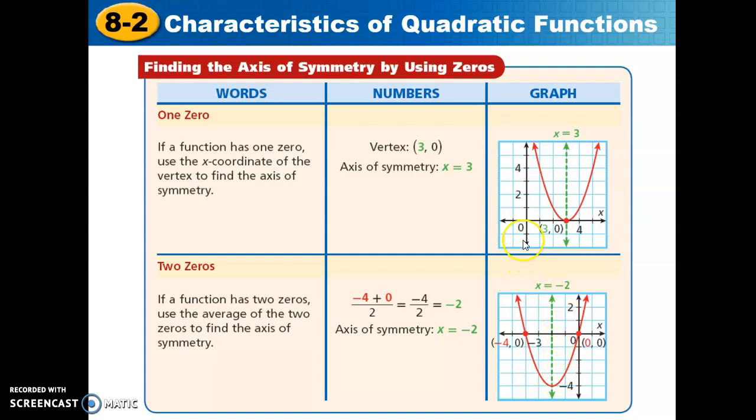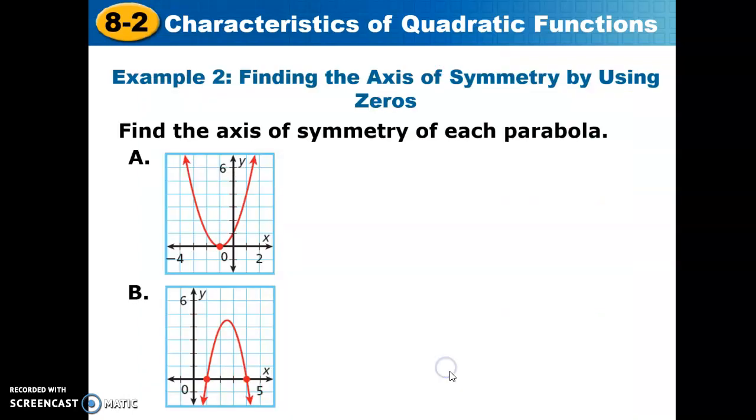So the average here is -2, right? We're two spots away, and we're two spots away from these zeros, and it's right on that x equals -2 line. So our axis of symmetry is -2. And that makes sense because our vertex is what point? (-2, -4). Okay.